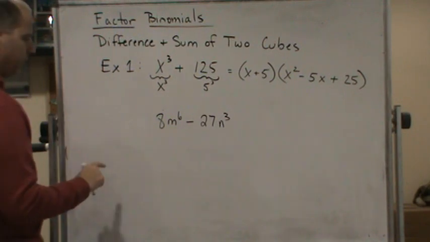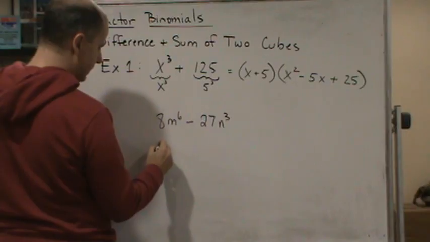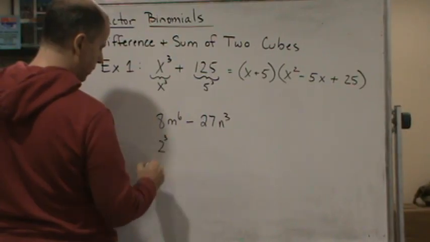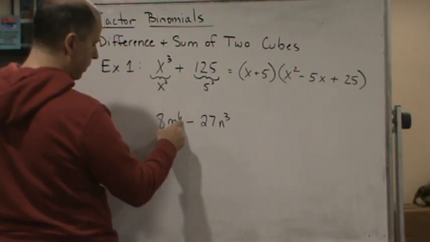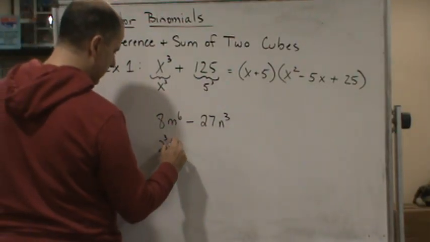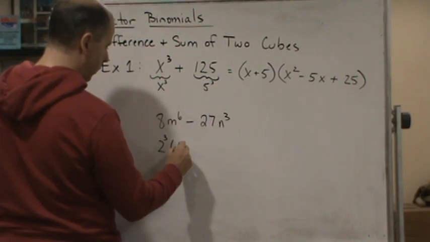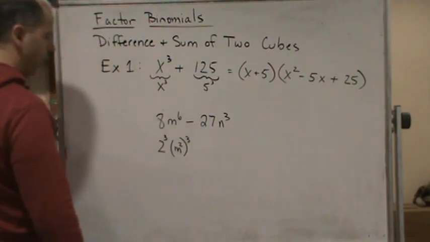Okay, now here we've got 8. Well, 8 is the same as 2 cubed. And m to the 6th power is also the same as what? M squared raised to the 3rd power, right?